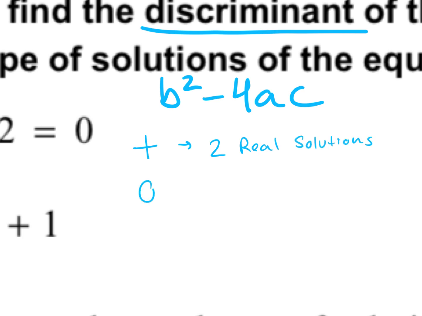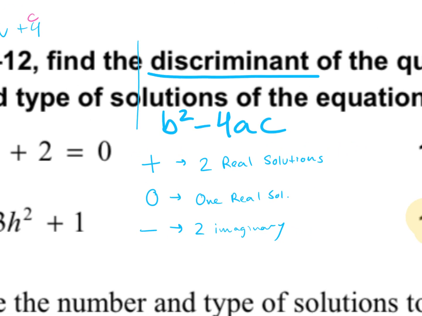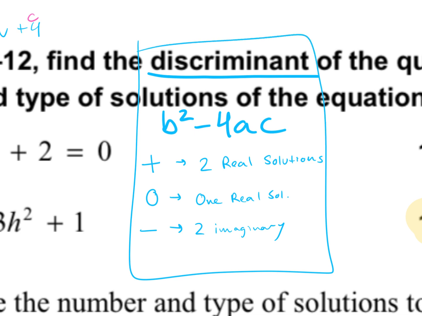If our discriminant is 0, what does that tell us about our solutions? 1 real solution. And if our discriminant is negative, 2 imaginary solutions. So make sure you know this for the discriminant question.